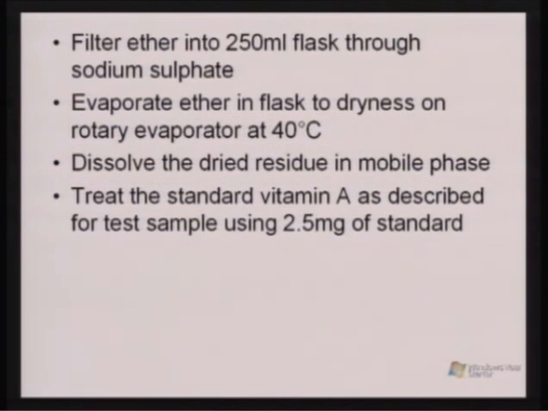Treat standard vitamin A, either in the form of acetate or palmitate, as described for the test sample, using 2.5 mg of standard. The standard should be processed the same way as the sample, only taking 2.5 milligram of weight.